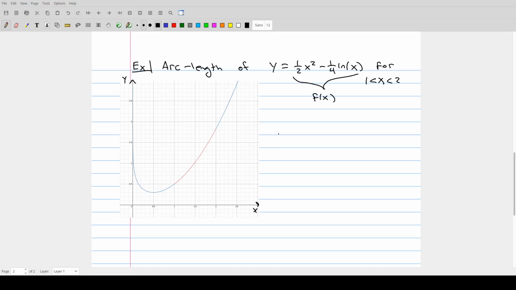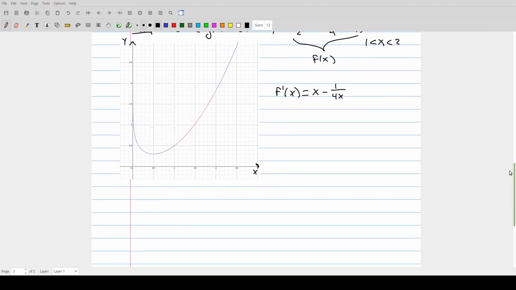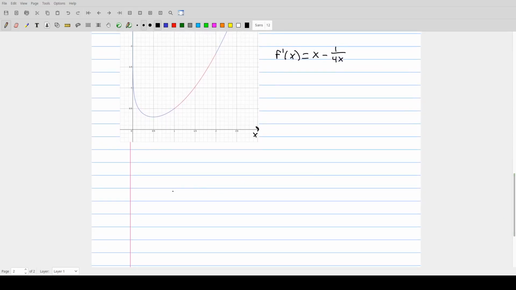So f prime of x is going to be equal to the derivative of 1/2 x squared, which is just x, minus the derivative of 1/4 ln of x, which is going to be 1/4 times 1 over x, or 1 over 4x. So this is the derivative that we're going to have to use in our arc length formula.